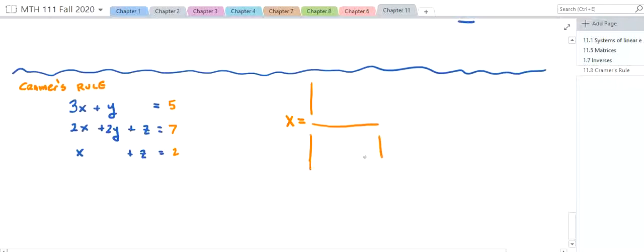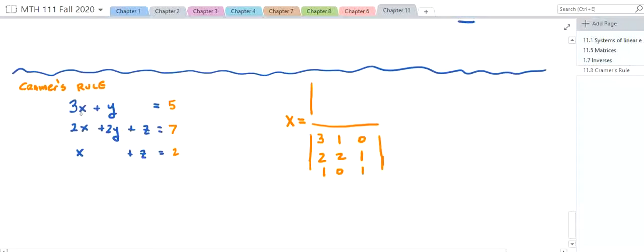The determinant of the denominator is just the matrix associated with the coefficients on the left side over here. So this is going to be 3, 1, 0, 2, 2, 1. So 2, 2, 1, and then 1, 0, 1. So that's the determinant on the bottom.